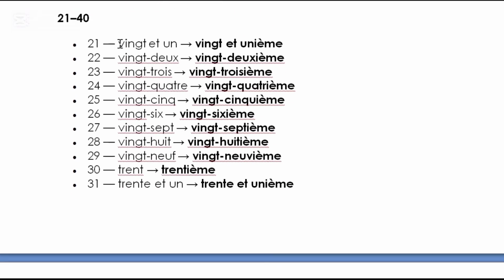21, remember it is vingt et un. So it becomes 21e, 22e, 23e, 25e. This is cinq, so therefore it changes to cinquième, 25e. Yeah, 29e. 30, you can see our 30 is trente, and therefore you remove the E and you put ième.